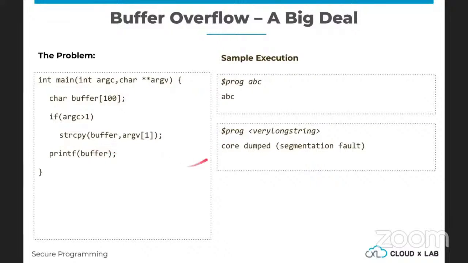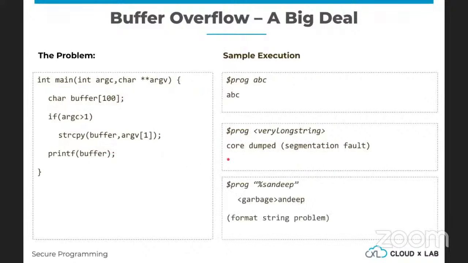All right. Now, the second problem with this code is that if you provide, say, %s and deep, it will print garbage here. It will look like garbage, but it actually is information about the internals of your system, the address space of your system.